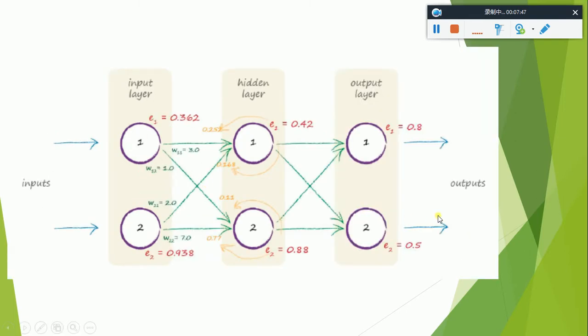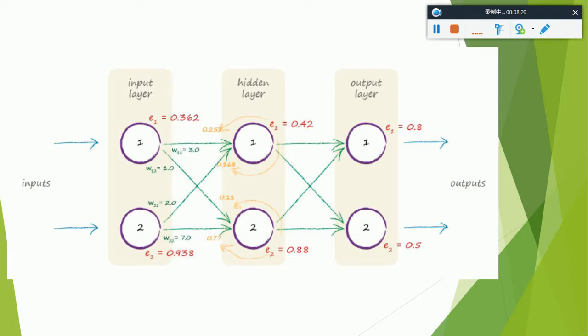But before the neural network is well trained, the weights should be updated to minimize the errors of the output produced by the neural network. Because the neural network needs to be trained, we use the error to indicate how to update the weights.